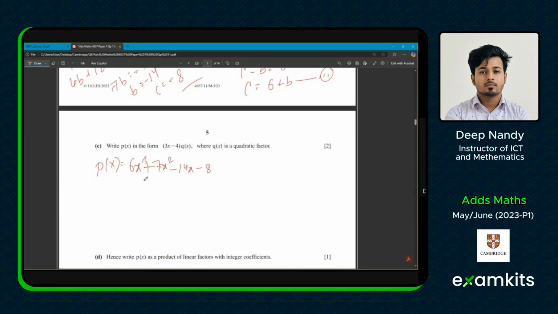Now, we know that 3x minus 4 is a factor, so we're going to do long division here. Taking 2x squared, we get 6x cubed minus 8x squared.